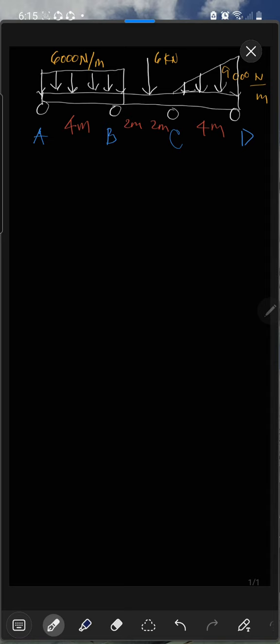Okay, so it is stated here that we will use the modified moment distribution method. So again, let's recall that the modified moment distribution method is used when the far end is a simple support.